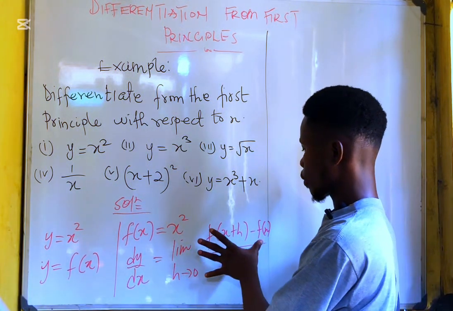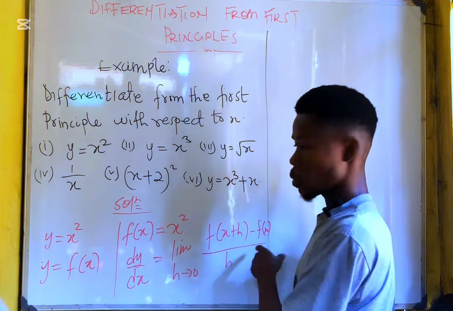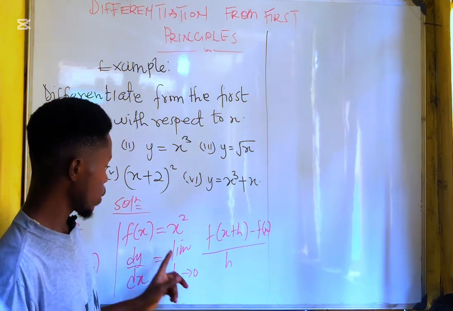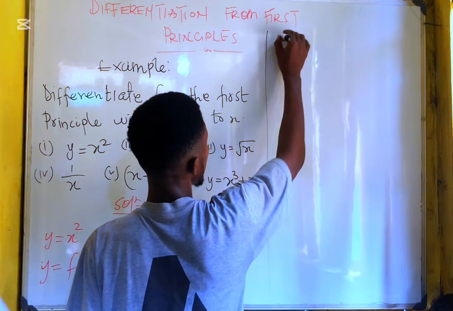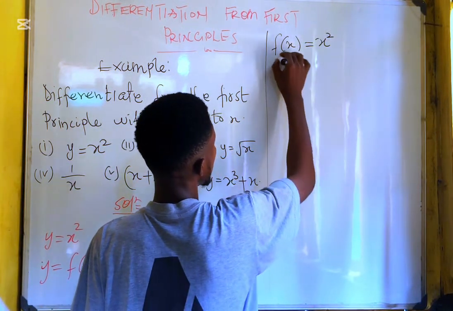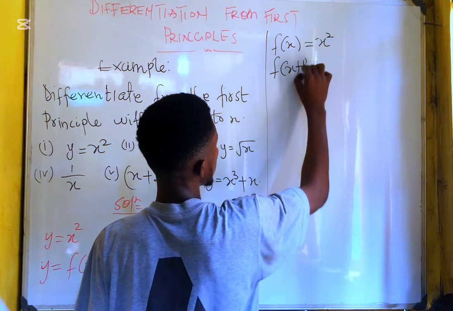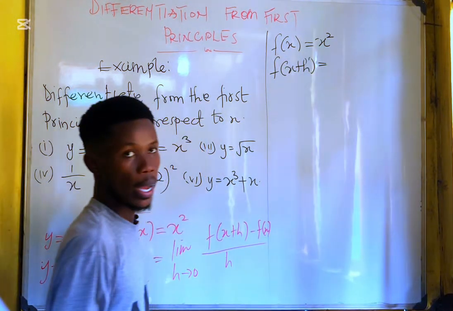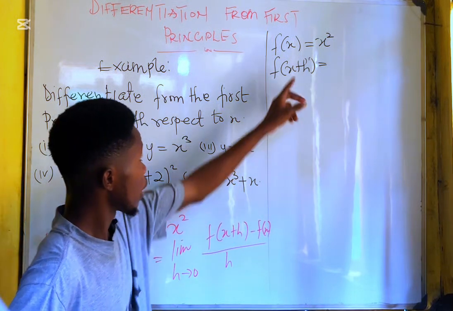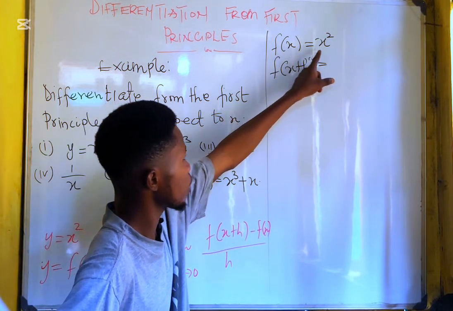Now, how do we get this so that we can substitute? For the f(x), it is already given, and f(x) is given as x squared. Now f(x plus h). For the f(x plus h), when it was f(x), we have x squared.